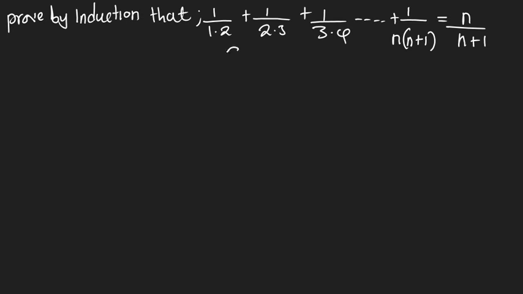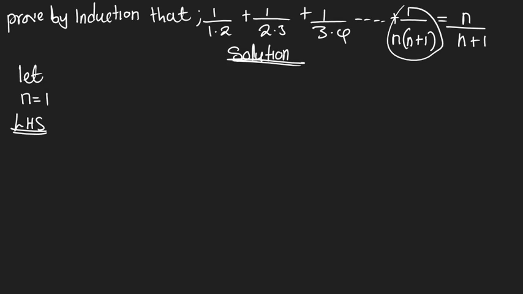I won't change the concepts, I will keep the concepts. The first concept was let n is equal to 1. Left hand side, what we have is this part. So I'm going to write it there. 1 over n, then n plus 1. This is going to be 1, 1 plus 1.